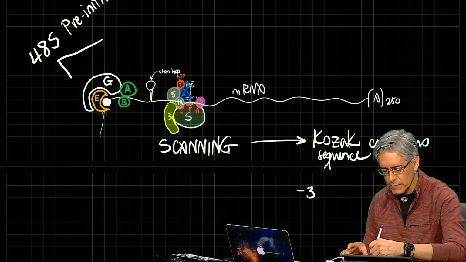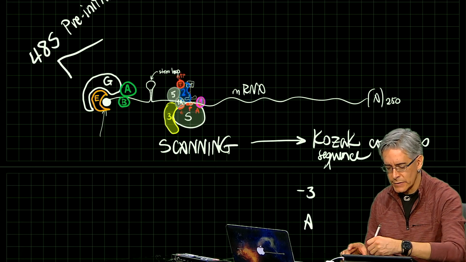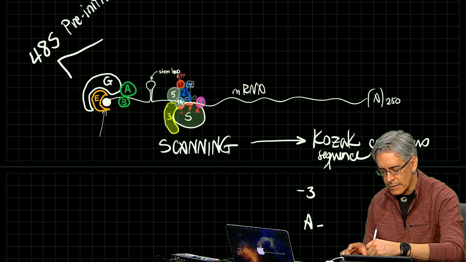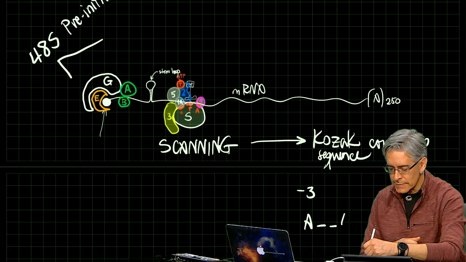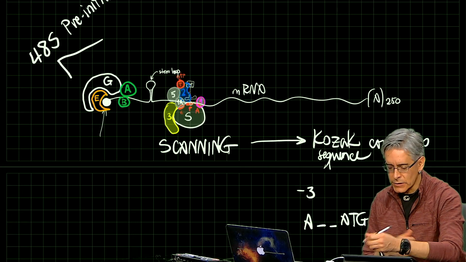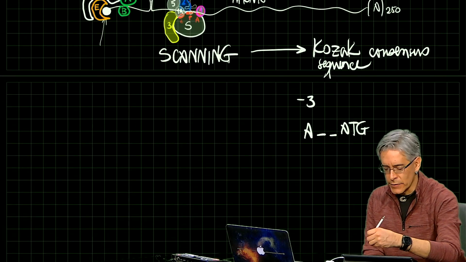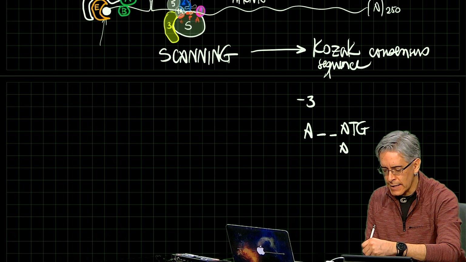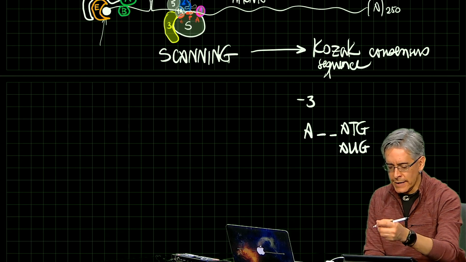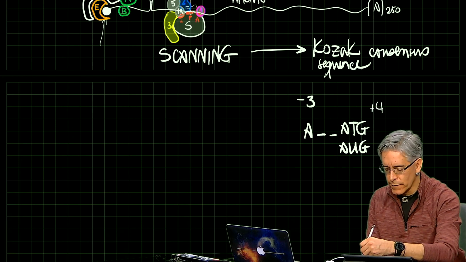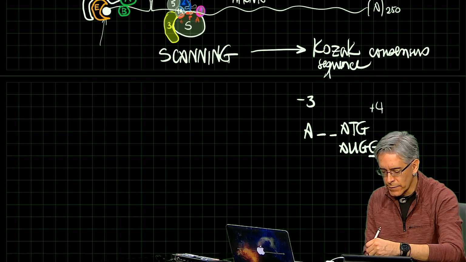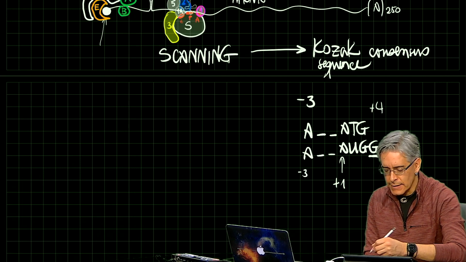In the -3 position there is an A, then two nucleotides after that there is the ATG, in DNA language. In RNA language, it'll be AUG. And then in the position +4, there is another G. So G in the +4, and the A of the AUG is the +1 location. Then in the -3, there is typically an A.